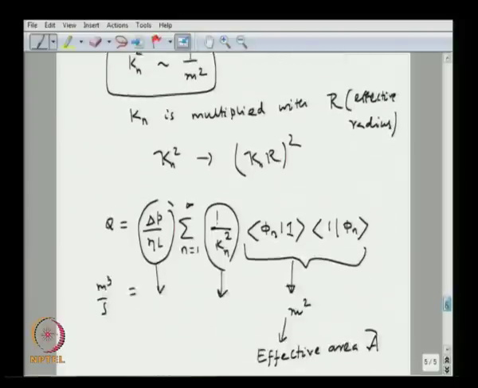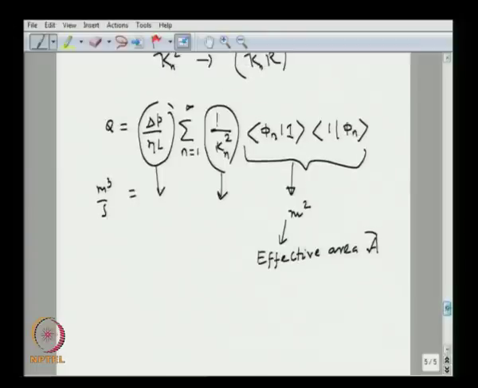which is A, whereas this term we call the effective radius. It turns out that R is half of the hydraulic diameter.